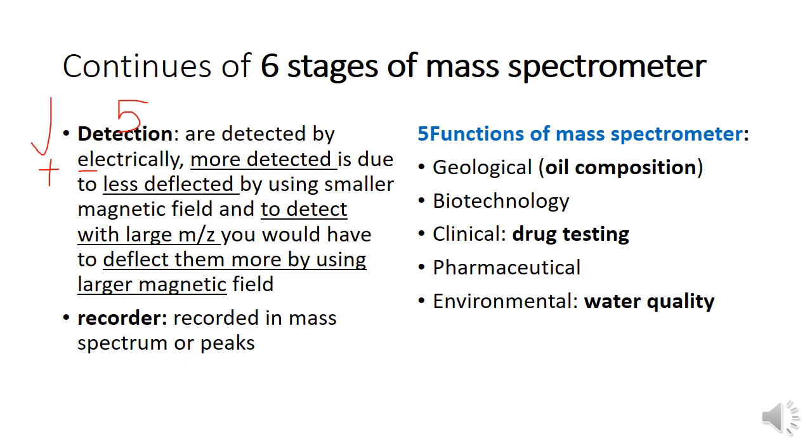The more detected is due to less deflected. That means an ion that is less deflected is more detected, and one that is less detected was more deflected. You understand? By using a small magnetic field, to detect a large mass you would have to deflect them more, many times, by using a large magnetic field.